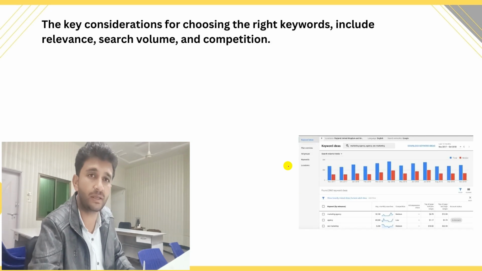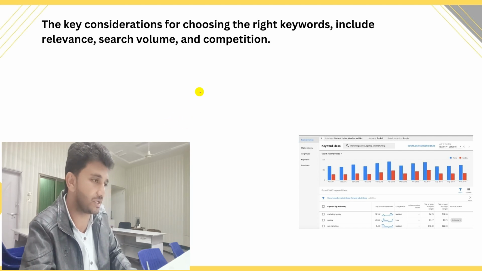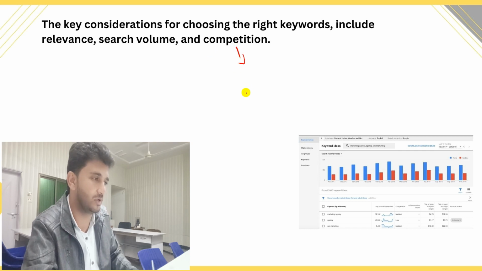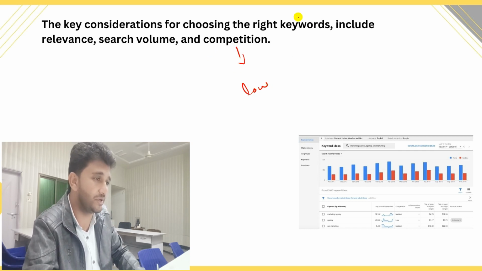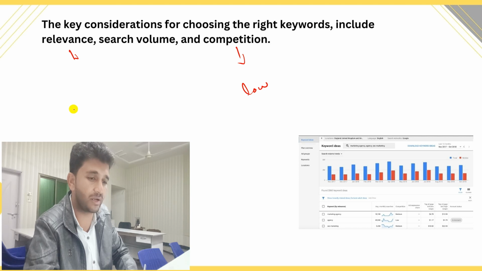Okay, what makes a keyword the best one? It must be relevant to your niche. It must have a decent number of searches per month. Even the competition must be low. So the key considerations for choosing the right keywords are, first, relevance. It must be relevant to your niche. If you are running a blog about the pet niche, then the keyword must be relevant to your niche.